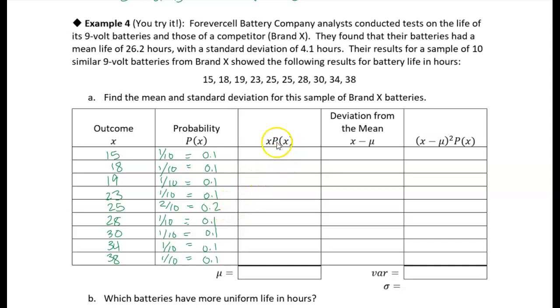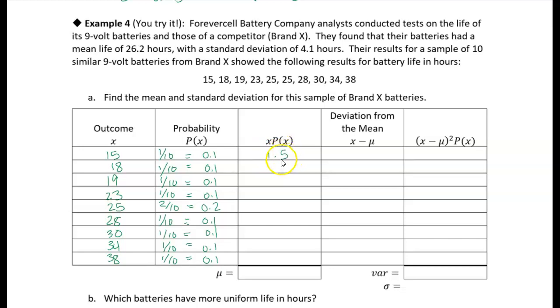All right, so the next thing we need to do, we need to find the mean, right? And we're going to do that by taking the probability weighted average of these outcomes, which is also the expected value. Okay, so I'm just going to multiply these values x times their associated probabilities. So basically just move the decimal point one place to the left.